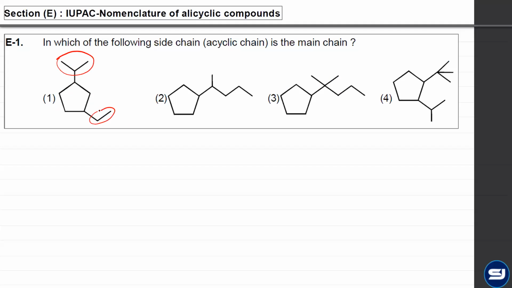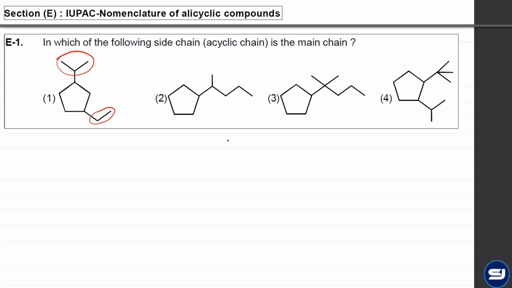So for the first, these two are its side chains. Now main chain should have more number of carbon atoms. In the first option, the cyclic ring has 5 carbons and the side chains have 3 and 2 carbons, which are lesser. So obviously the main chain will be the cyclic ring, not the side chain. Understood?